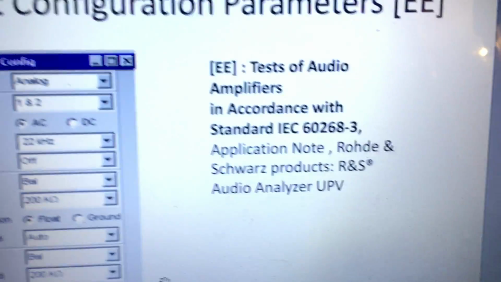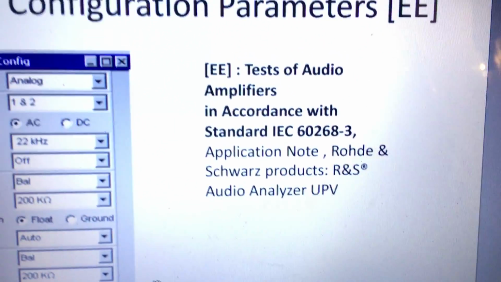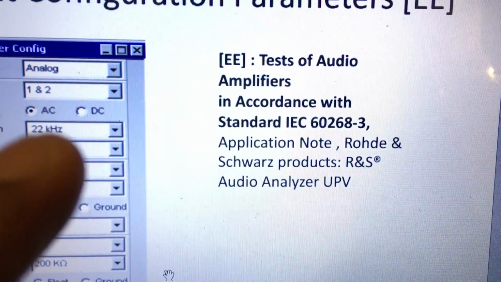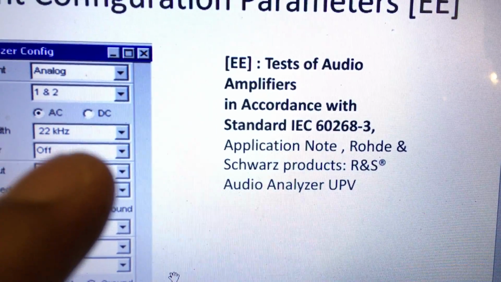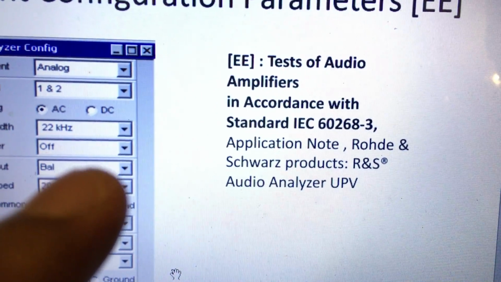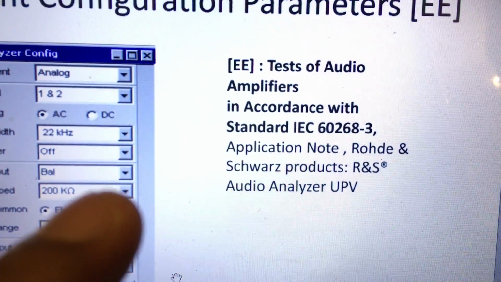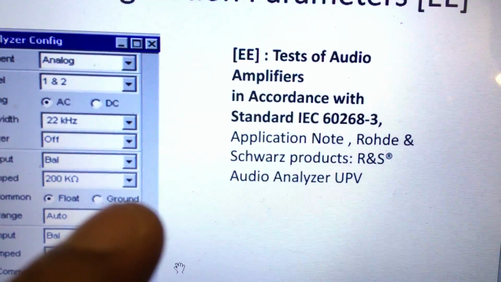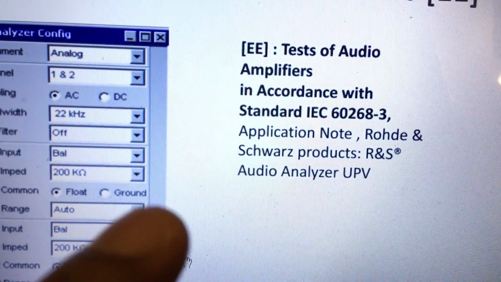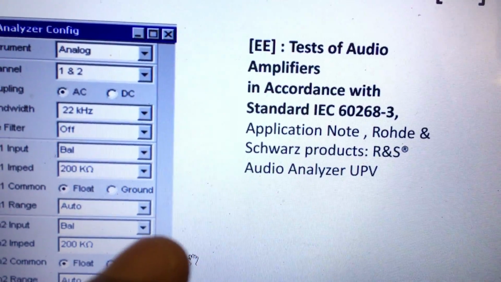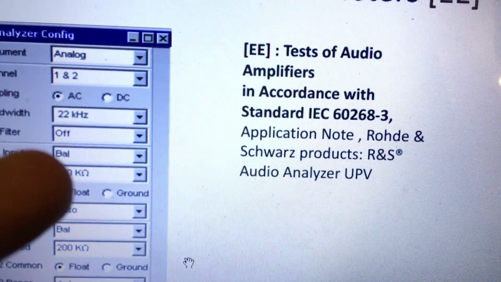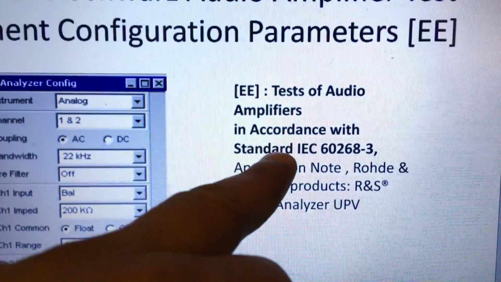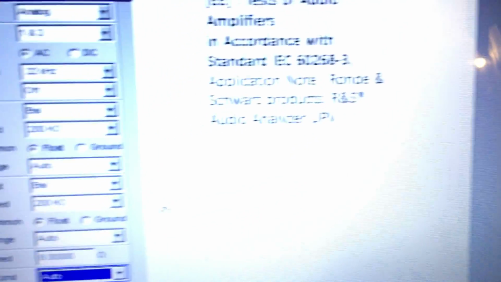Now there is one important thing to be taken into consideration about why we are looking at these things. This is the reference that says tests of audio amplifiers are in accordance with the standard IEC 60263-3. I mean to say that the audio analyzers are in need of total harmonic distortion meters, and they are in accordance with some international standards.